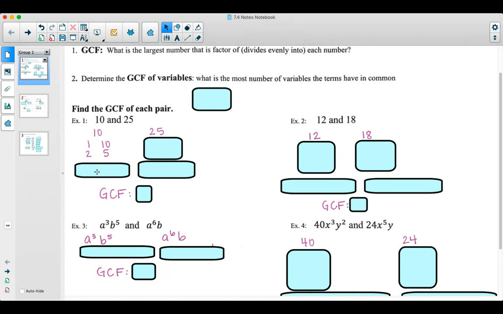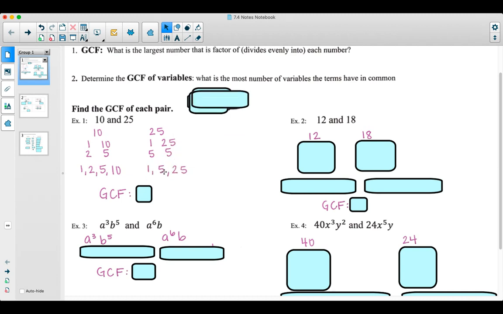Sometimes it's helpful to just write it in order from least to greatest. So things that multiply to 10 are 1, 2, 5, and 10. Now, same thing for 25. What are things that multiply to 25? Well, I said 1 and 25, and 5 and 5. So I just rewrote that in order from least to greatest, but I didn't have to rewrite the 5 twice.